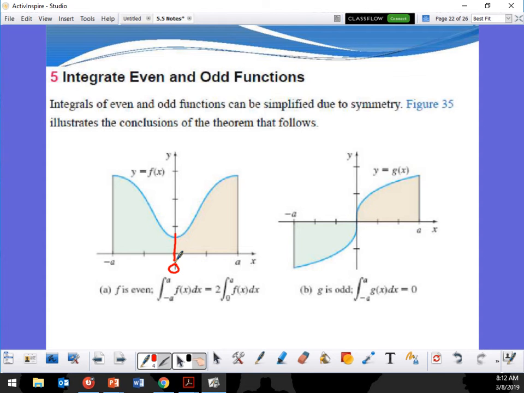So from 0 this way is times 2. It's symmetrical. Quite often it's not going to look like this, it's going to look like this. And if you're taking it here, you get a 0. If you're taking it here, you get a 0. So that's the problem.